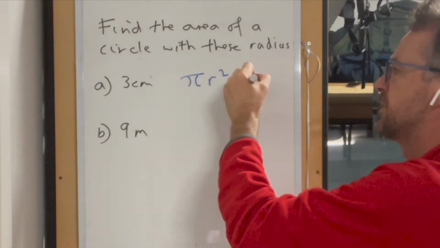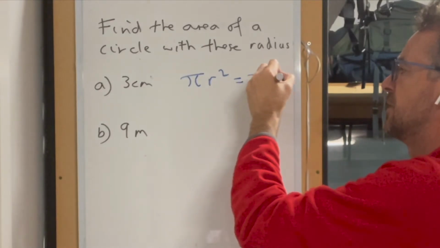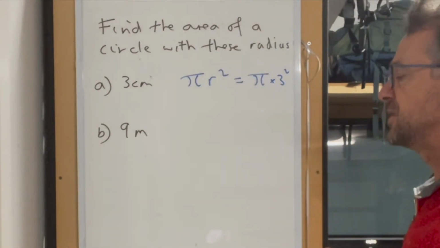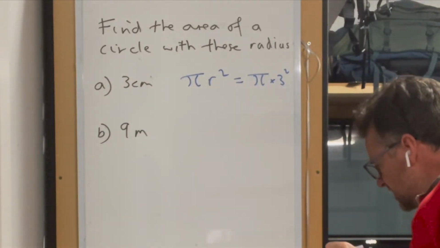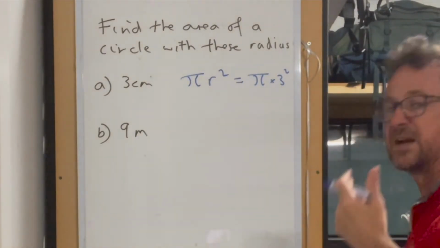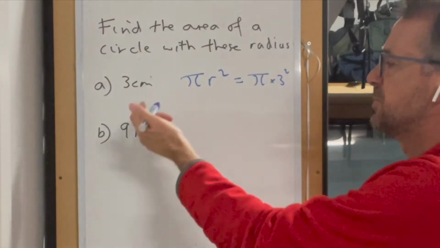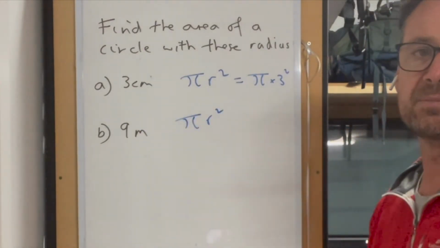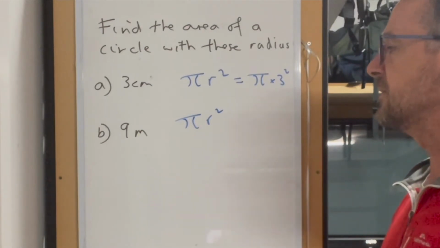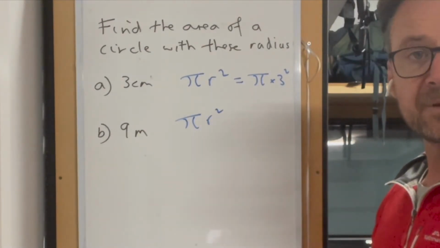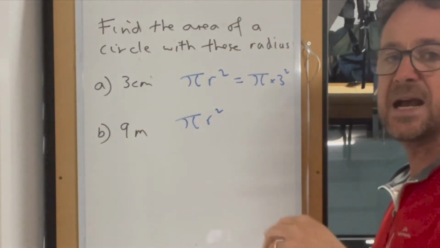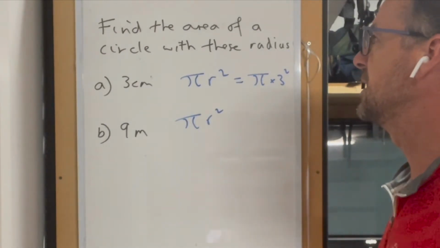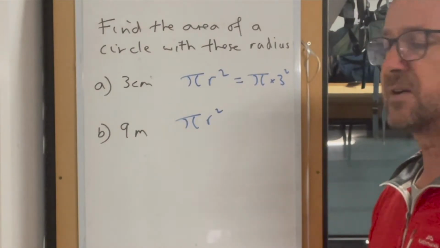So that becomes pi times 3 squared, press equals, and that gives you the answer, which you then round off to, in this case, 1 decimal place. The same would apply for all of these. They're all just the same rule, pi r squared for each one of them. Just apply the radius as given. If they happen to give you diameter, then you could just halve the diameter to get the radius and use that in there. Those ones are fairly straightforward.